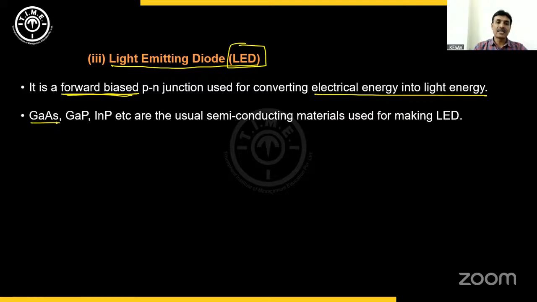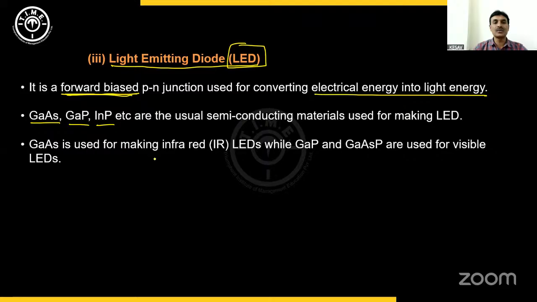Usually gallium arsenide, gallium phosphide, indium phosphide are the usual semiconducting materials used for making LEDs. These are the semiconducting materials used in fabrication of the LEDs.